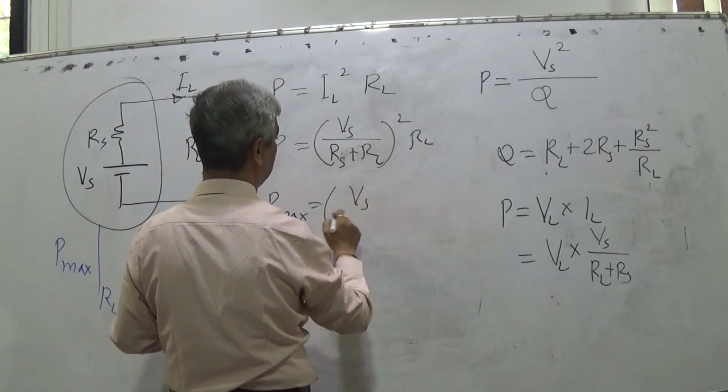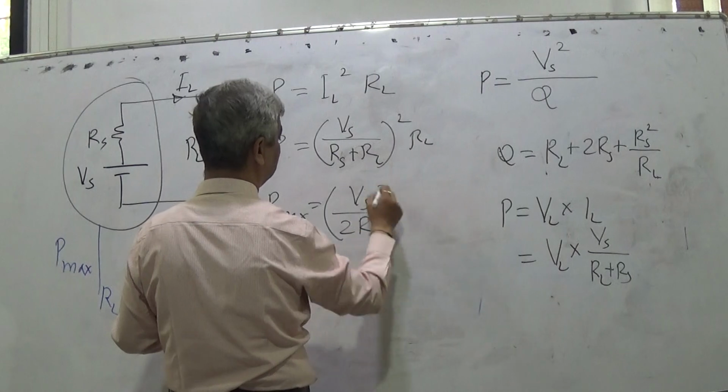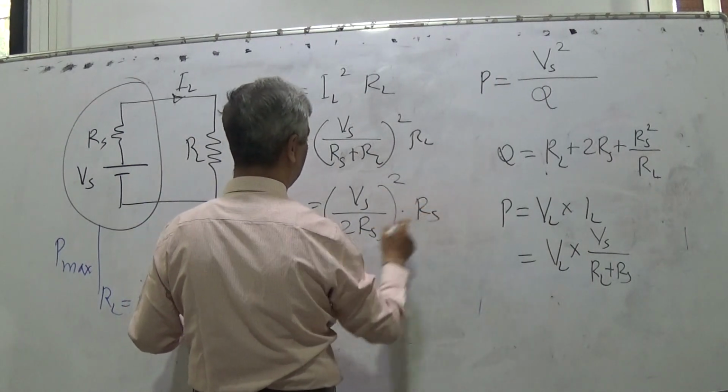So it would be Vs upon 2RS, squared, into RS.